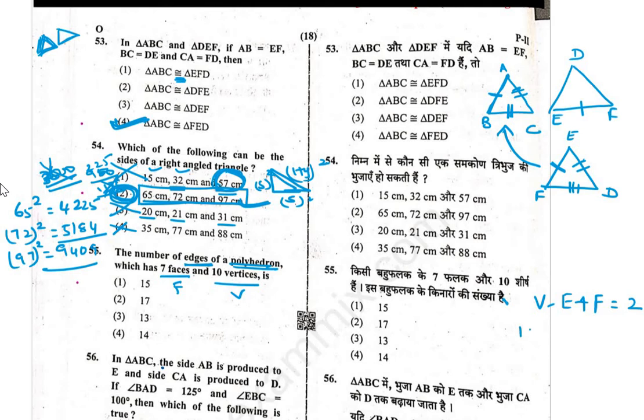Here V means 10, E we have to find, F is 7. 10 plus 7, 17, minus E equal to 2. Take E to the other side: 17 minus 2 equal to E. That is 15 equal to E. Number of edges is 15.